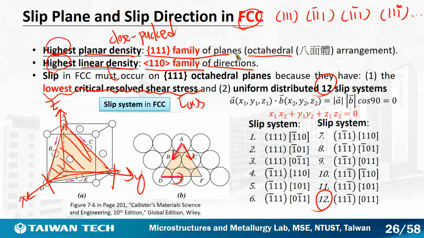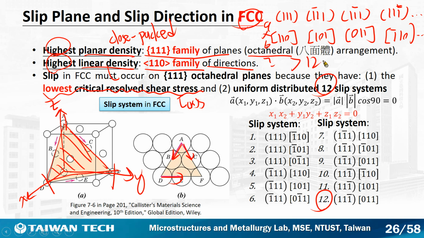And then for the 110 family of directions, 110, 101, 011, and then the minus ones. Okay, also more than 4. Then if this is, for example, maybe 9 times maybe 6, it would be larger than 12. And how come we just have 12 slip systems?